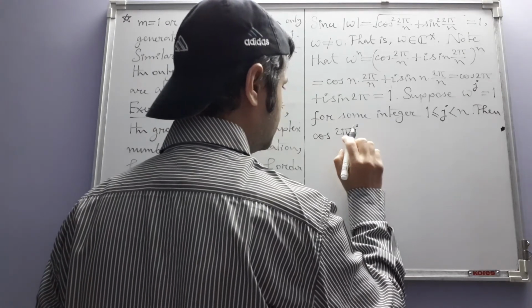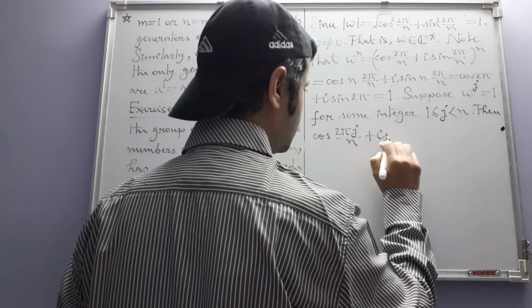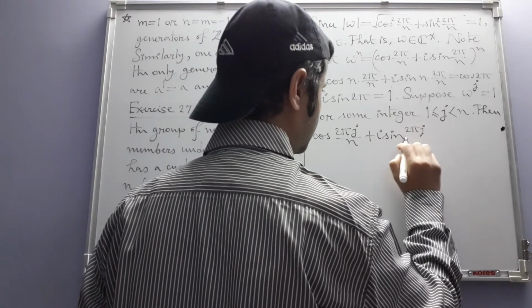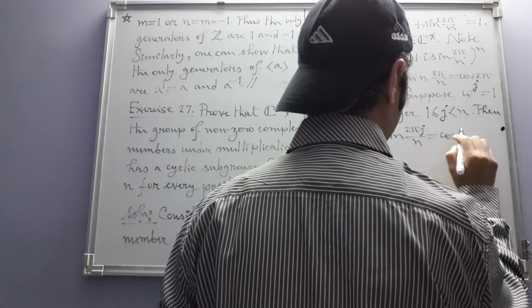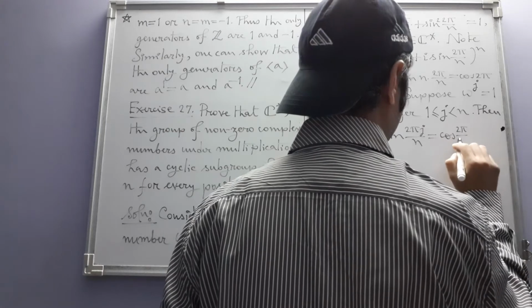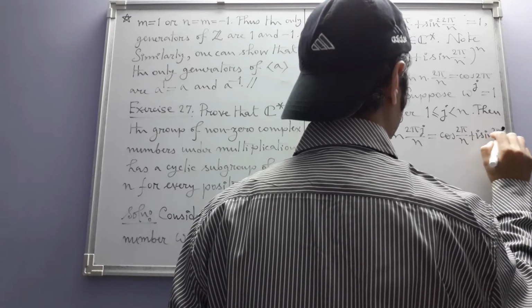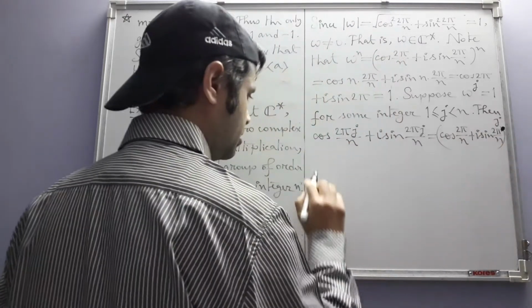Cos 2 pi j divided by n plus i sine 2 pi j divided by n, that is cos 2 pi by n plus i sine 2 pi by n whole to the power j.